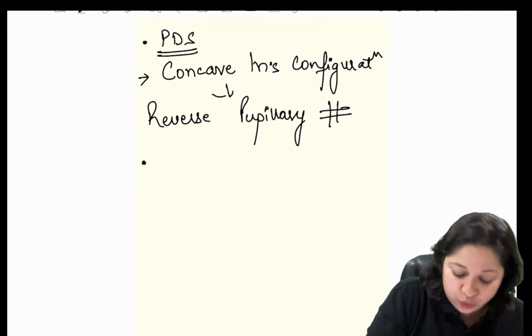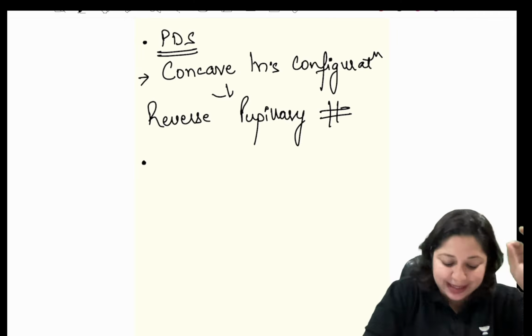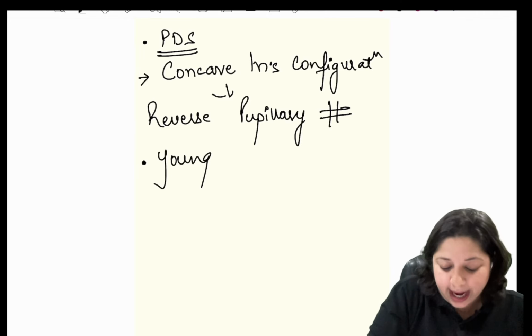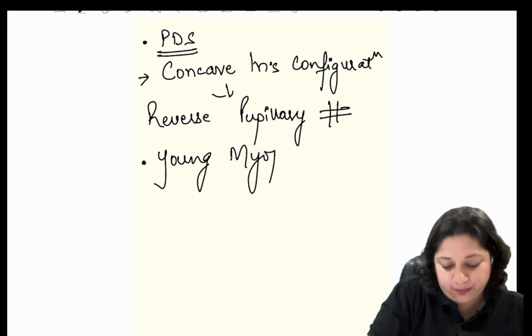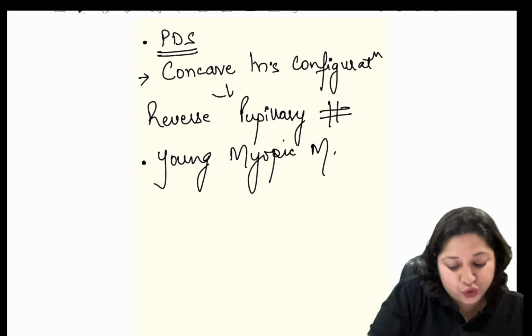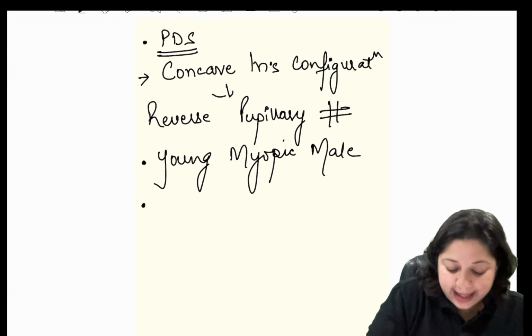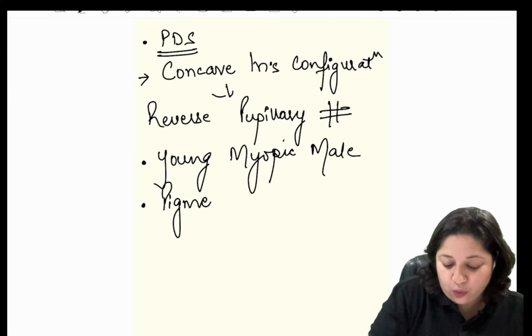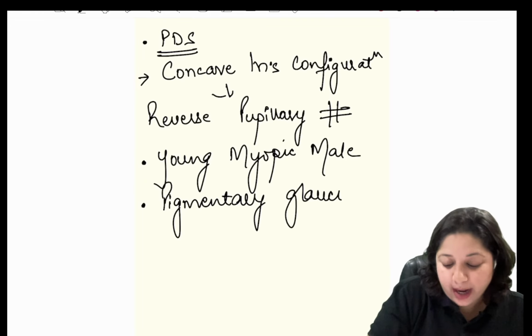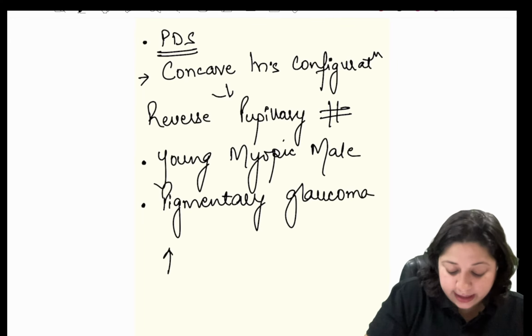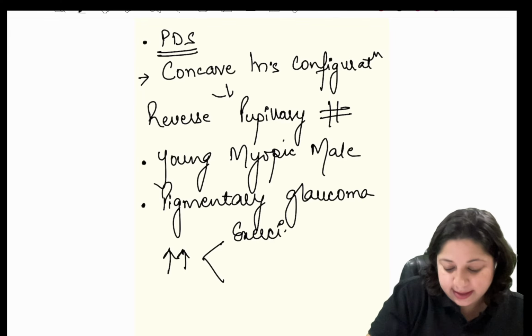And what are the other things? You should know that pigment dispersion syndrome is classically seen in young myopic males. These are the things that you should never forget. It is called pigmentary glaucoma, which classically increases on exercise and on pupillary dilation.